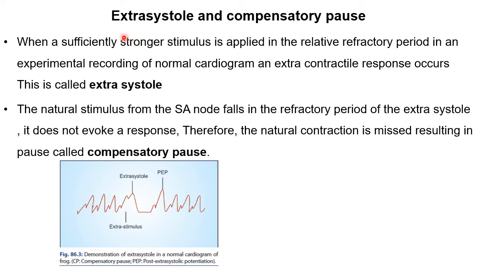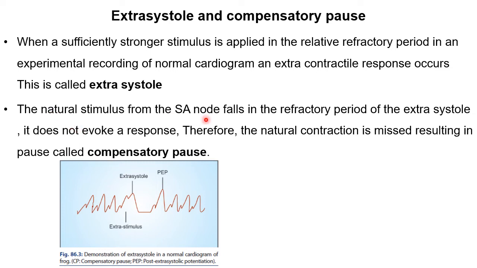Next is the extrasystole and compensatory pause. When a sufficiently strong stimulus is applied in a relative refractory period, that is the period during which there is relative refraction in the cardiac myocyte, in experimental conditions there is an extra contractile response. Here we can see an extra contractile response, which is called as extrasystole.